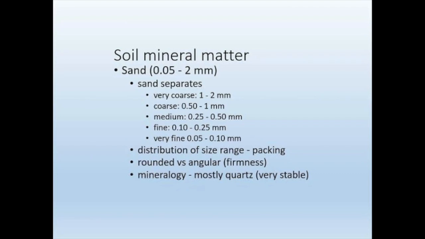Our sands are material from 0.05 to 2 millimeters. Then we can separate these out into very coarse sand, medium sand, fine sand, and very fine sand. And if you want to remember these, think of a monetary system: $2 to $1, $1 to 50 cents, 50 cents to a quarter, quarter to a dime, dime to a nickel.